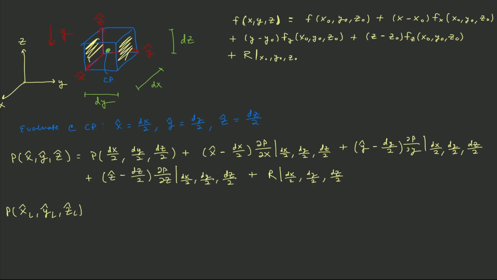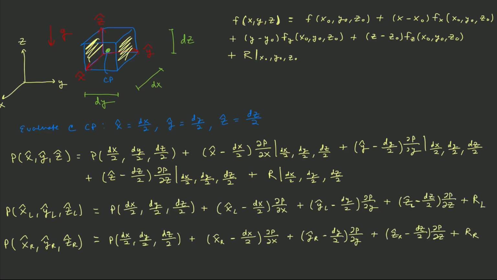And let's do the same thing for the right face. So we have x hat R, y hat R, and z hat R. And in a similar fashion, x hat R, y hat R, and z hat R are any points on this right face right here. So all we have to do is plug in these general coordinates into our Taylor series above, and then write out our expressions for the pressure on our left face and the pressure on our right face. So let's do that right now.